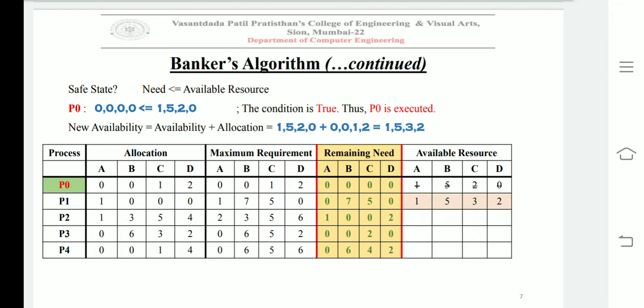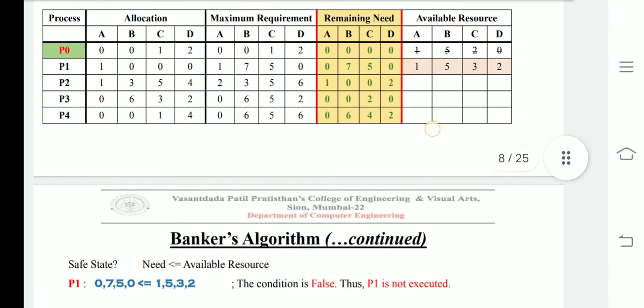New availability equals the current availability plus the allocation of P0. So we get the answer as 1, 5, 3 and 2. This is our new availability.